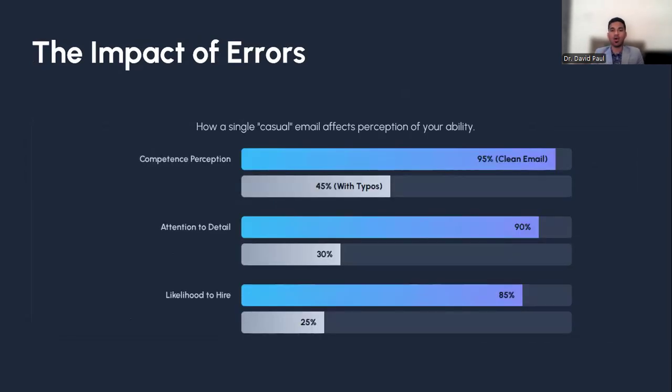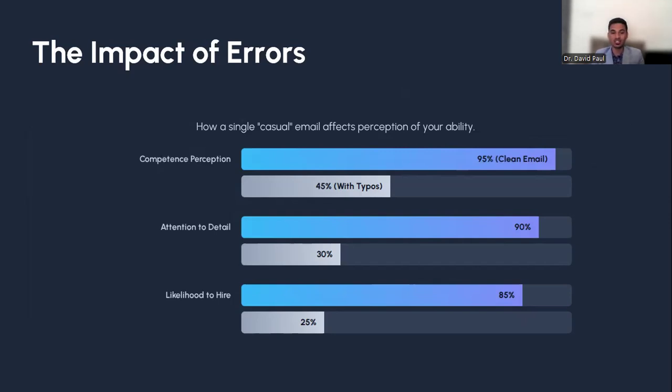Here's the impact of errors. How a single casual email affects perception of your ability. Here's the competence perception: 95% for a clean email, 45% with typos and typing errors. Secondly, attention to detail: 90%.